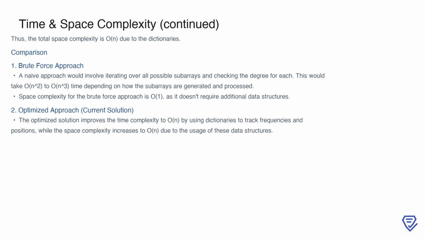However, our optimized approach significantly improves the time complexity to O(n) by leveraging dictionaries to efficiently track frequencies and positions. While this increases the space complexity to O(n), the trade-off is worthwhile given the dramatic reduction in runtime. This demonstrates how the optimized solution strikes a balance between time and space efficiency for this problem.